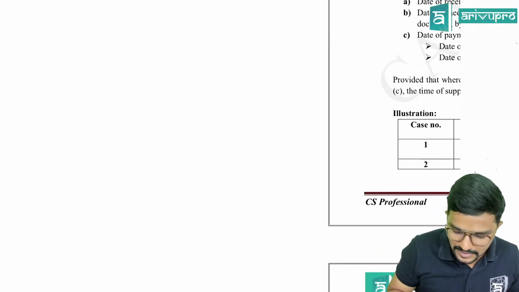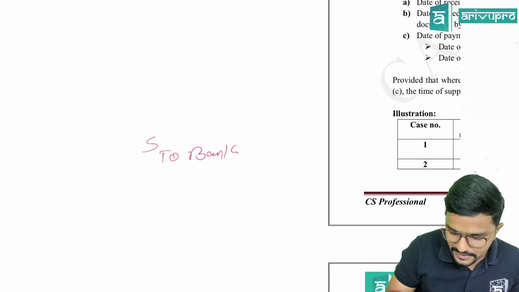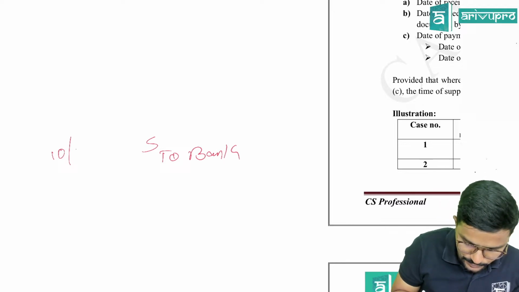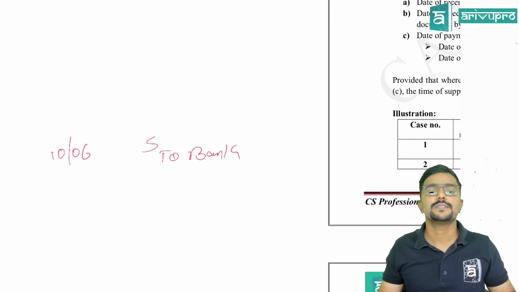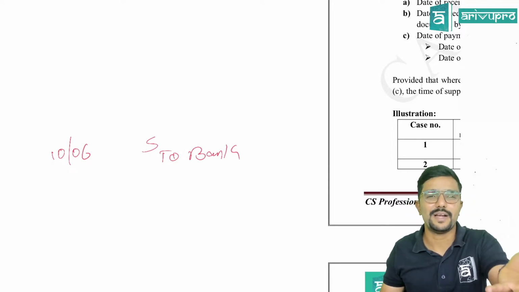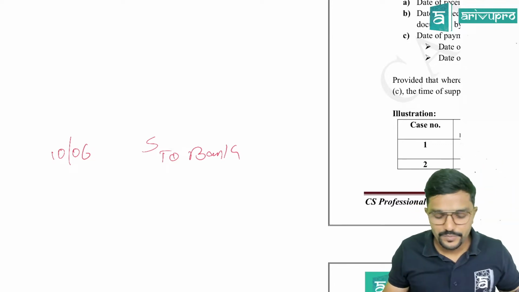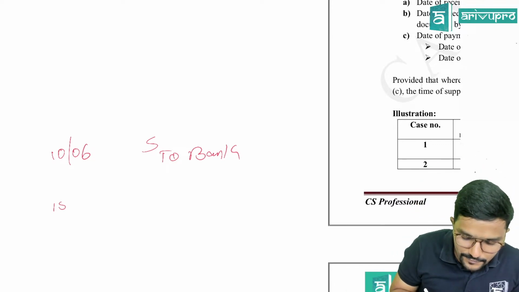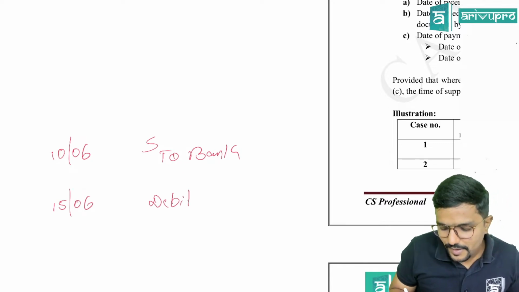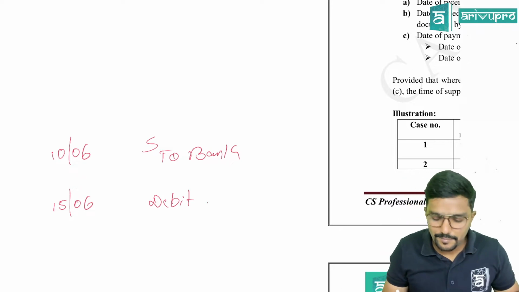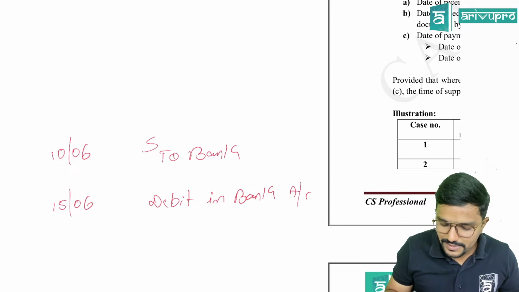Now, the recipient will record supplier to bank. This is the date on which he is making the entry. Assume it is 10th June. He is making the entry in his books of accounts, that is supplier to bank, or name of the party, like Suhas to bank. Next, assume on 15th June, the bank account is debited. So what is the date of payment?